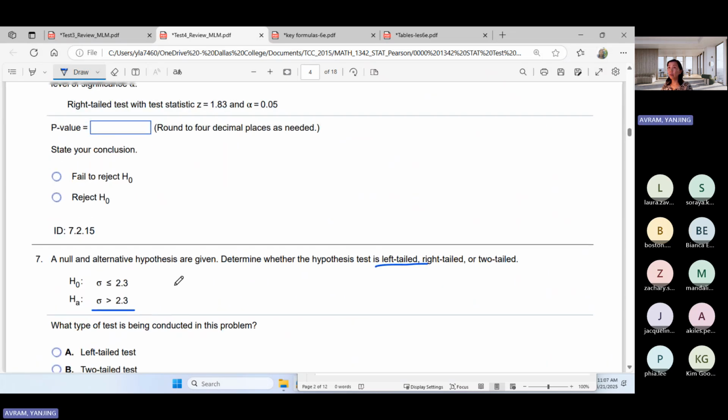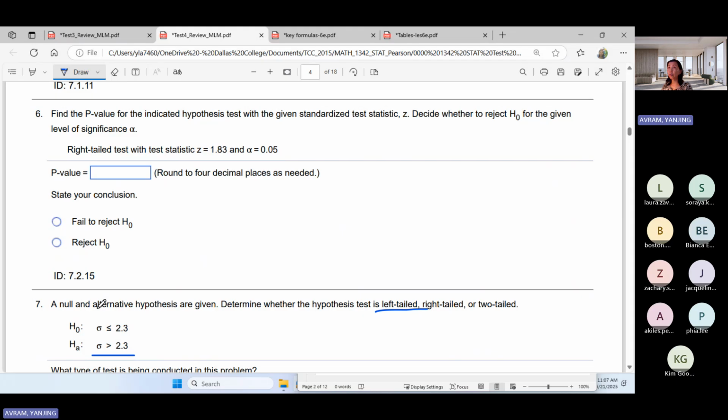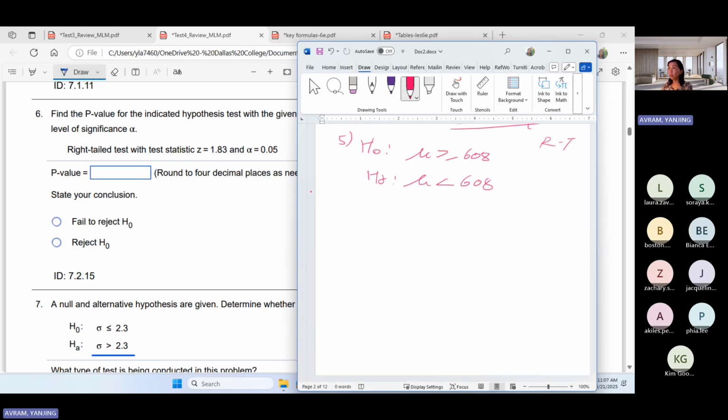Okay, that's 7.1, right? Let's look at 7.2 in here. Given the P-value for a hypothesis test and the significance level, determine whether you reject the null hypothesis or not. One thing you want to remember: if p is less than or equal to alpha, you reject the null hypothesis. The null hypothesis always assumes something is equal, and the alternative one says no, that's not equal.